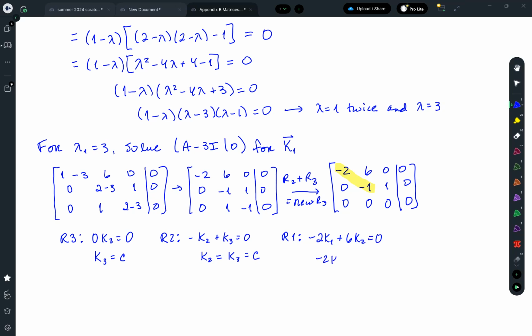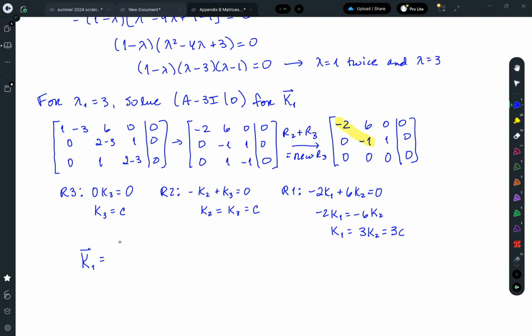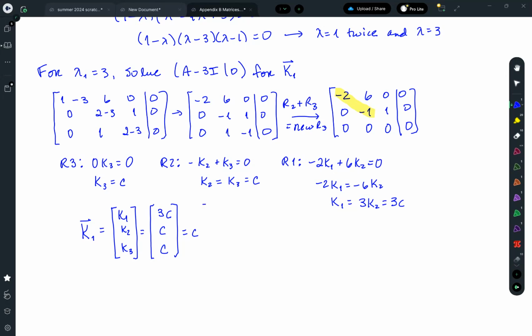So negative 2k1 is equal to negative 6k2. k1 is equal to 3k2, but k2 is equal to c, so this is 3c. So my eigenvector k1 is the vector that has components k1, k2, and k3, and we just found that each of those can be written in terms of c. So k1 is 3c, k2 is c, k3 is c. I can factor out the c, and I leave behind what's important, 3, 1, 1.